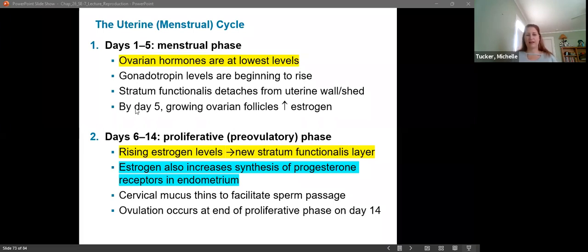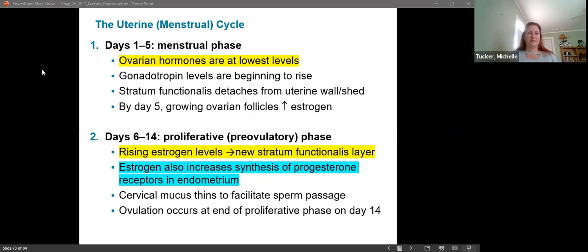But by day 5, the maturing follicles responding to the FSH are going to start increasing estrogen. Rising estrogen levels are going to cause the basalis layer to create a new functionalis layer. Estrogen also increases the synthesis of progesterone receptors.